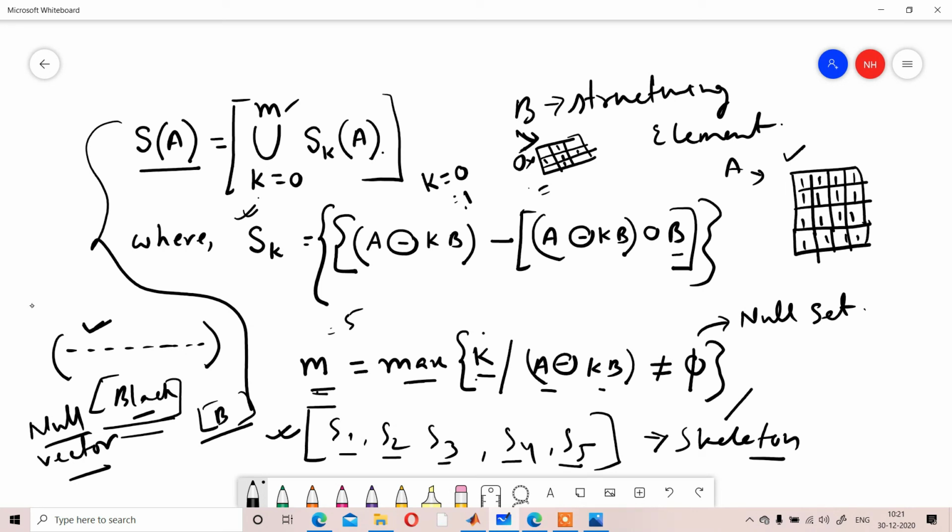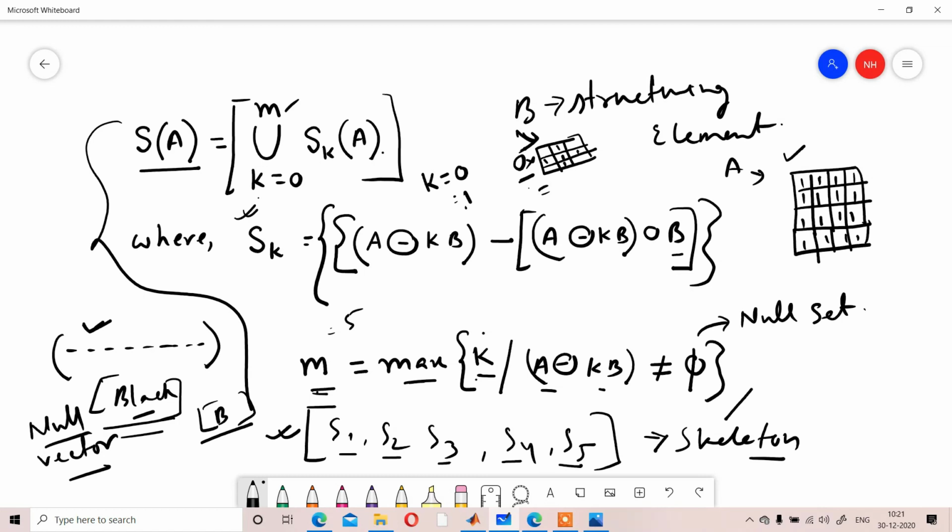For K equal to 2, that structuring element will be multiplied by 2, which means the 1 that you are considering will be eroded 2 times. If it is multiplied by 3, the 1 will be eroded 3 times.